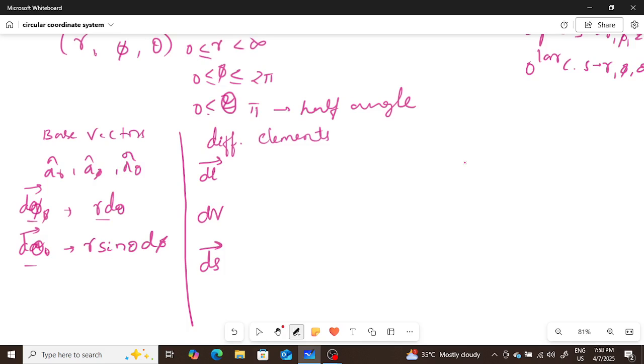Now you can write dl. Dl is nothing but dr ar plus r d theta a theta, then r sin theta d phi, it is in the direction of a phi.